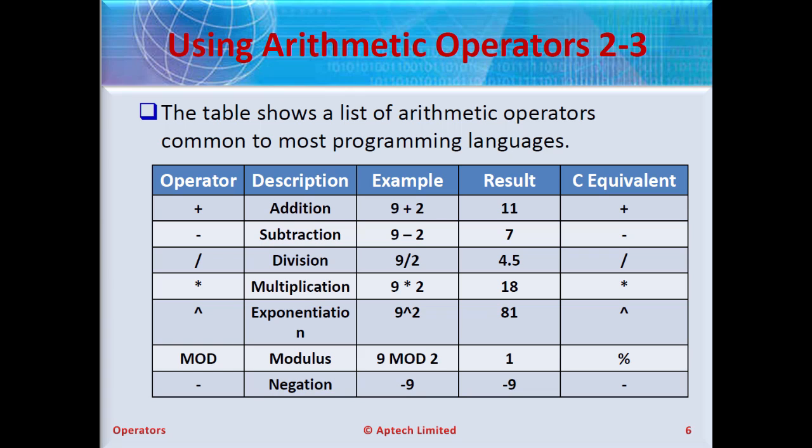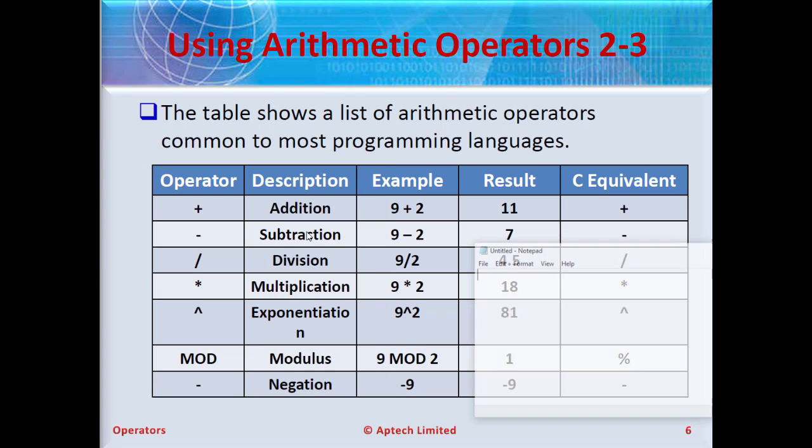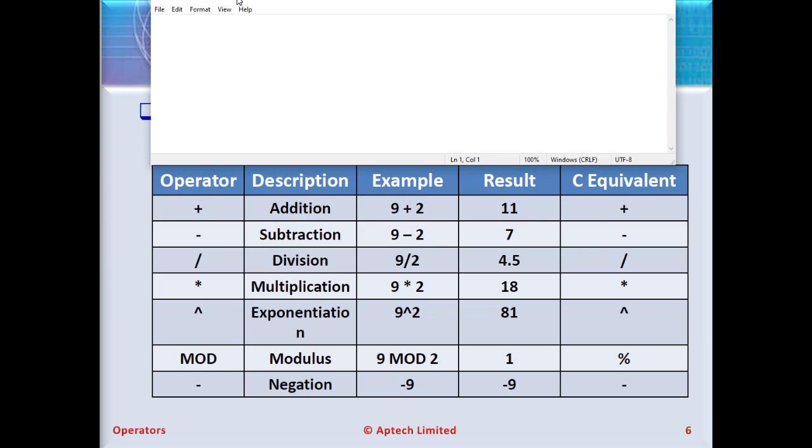We have the forward slash, which is used for division. And we have an example, 9 divided by 2 gives us 4.5, and the C equivalent is given there. Now, something I would like to mention here is that when working with programs, we have two types of division. We have integer division. So for this, you can get two results.